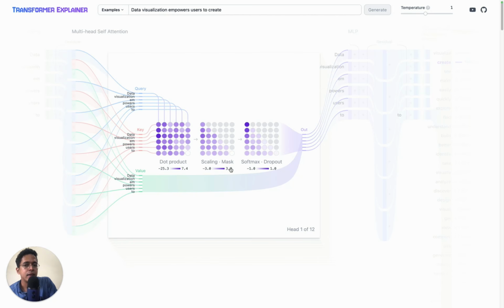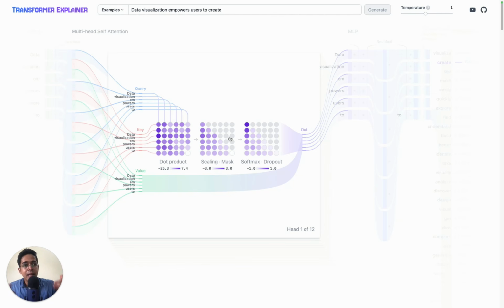Now what is done is we apply softmax on each of these rows. What is softmax? If you are given a set of numbers, let's say 1, 2, 3, softmax will convert these numbers into a probability distribution between 0 and 1, such that if you add the softmax of 1, plus the softmax of 2, plus the softmax of 3, you will get 1, because the sum of probabilities should be 1.